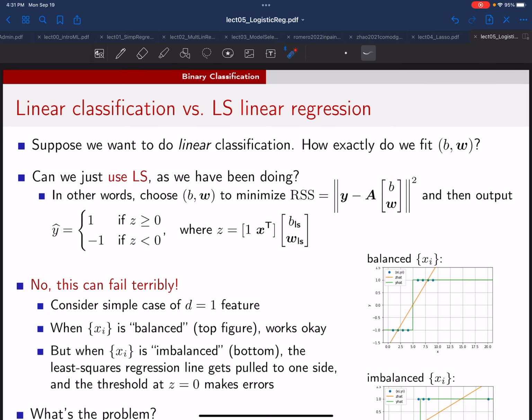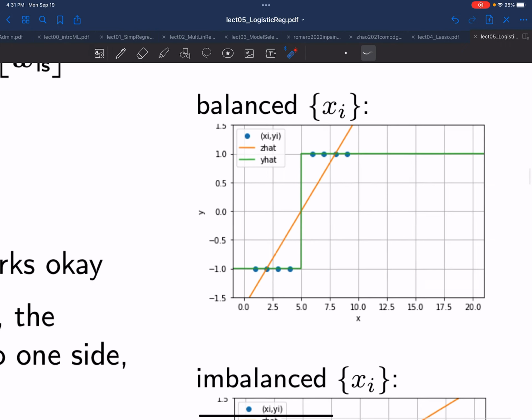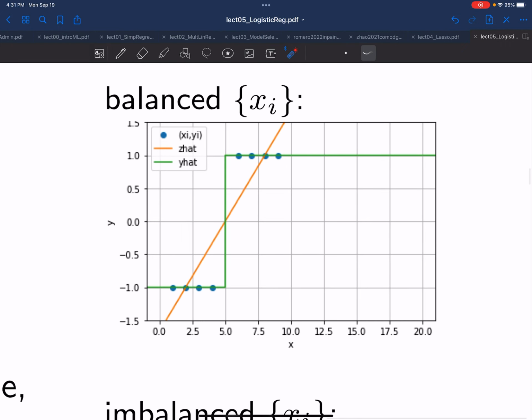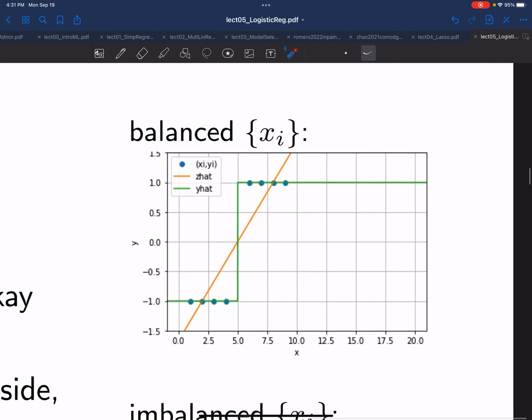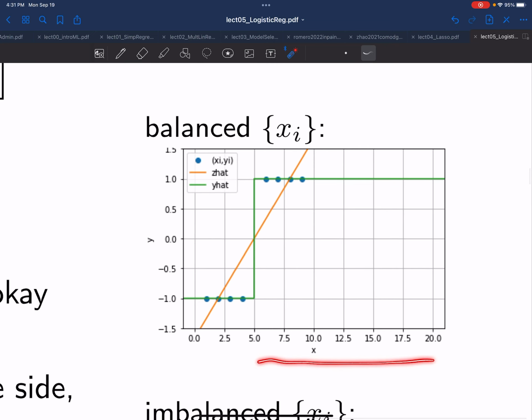So here's a couple examples. This is a one-dimensional case. We have just one feature, x, and this is our target, y. And for this data set, you can see it's a very simple data set. There's 8 samples. All of these samples here have y equals -1. All these samples here, y equals +1.